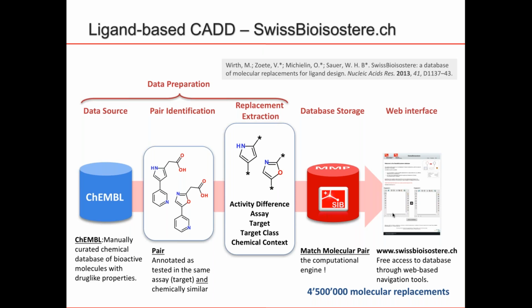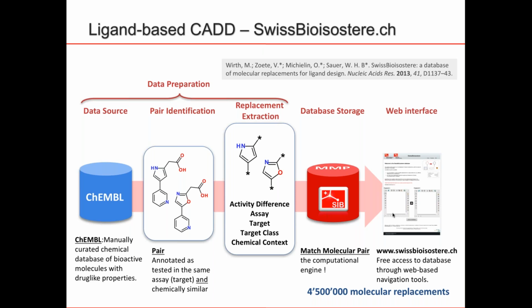Those differences are the molecular replacements between the two molecules, so that we can store this information in a database along with the complete molecule, the target against which they were tested, the assays, the results, and so forth. And we provide this through a simplified web interface, as you will see with Antoine.